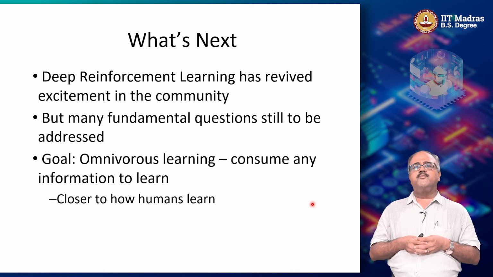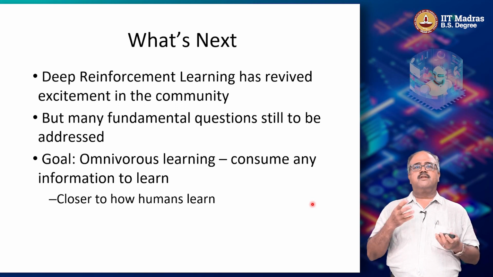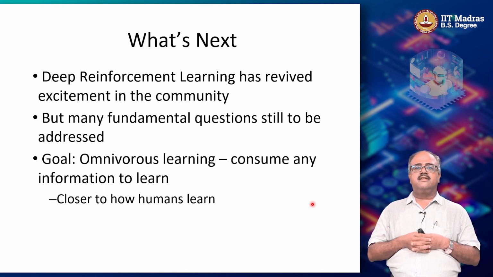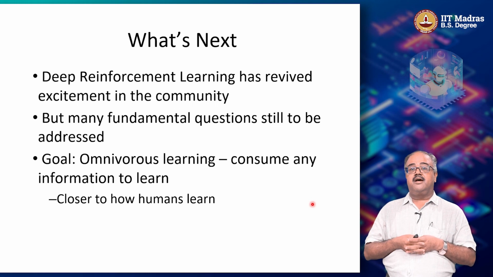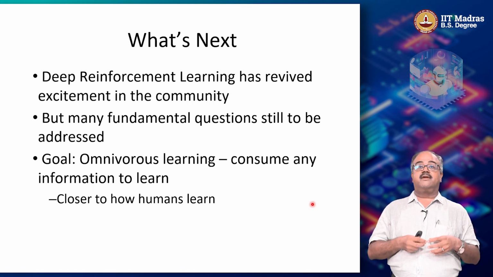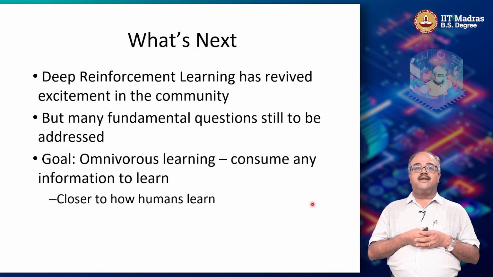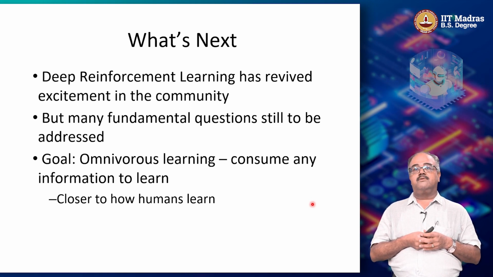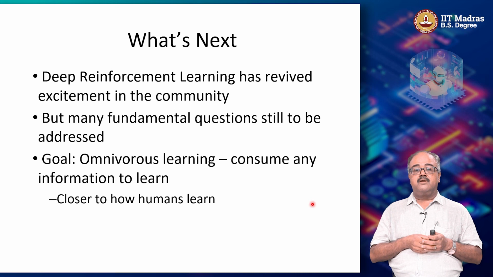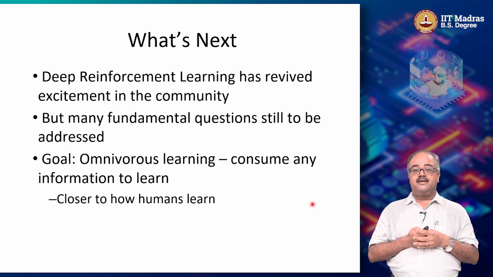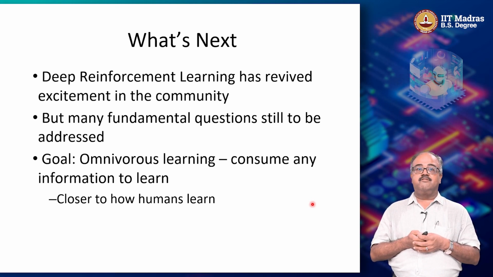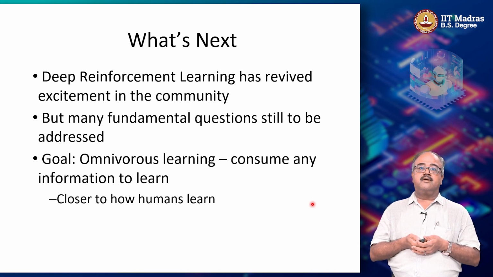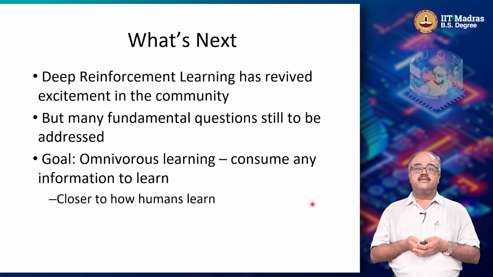And this is closer to how humans learn. One of the latest buzzwords in the literature is reinforcement learning with human feedback, right? That is another way of incorporating whatever information we can into learning better. So let's see. Hopefully, in the next few years, we will be there, and some of you will be leading the charge into getting more and more powerful reinforcement learning systems.